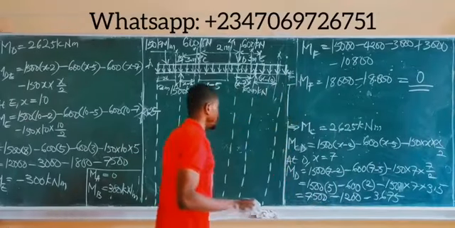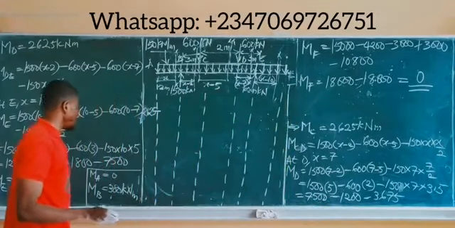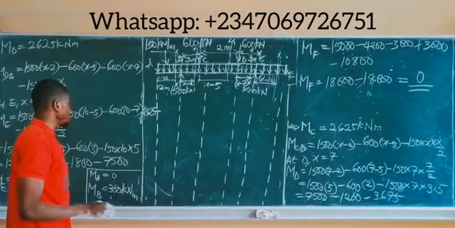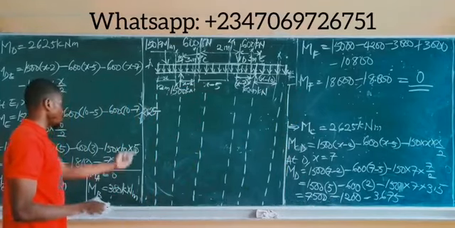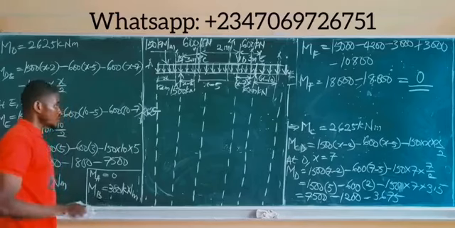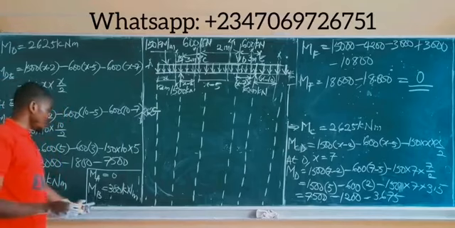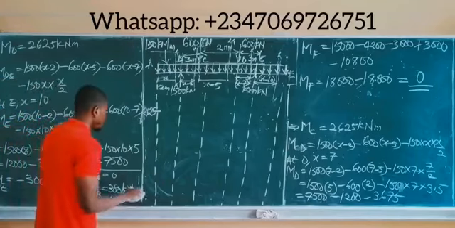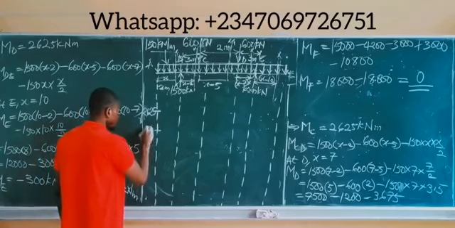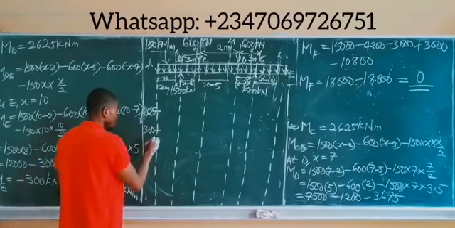That's moment at B. 2625 is twice, you have to put it once. You can't write twice, just once. Followed by moment at B, 300 kilonewtons meter.